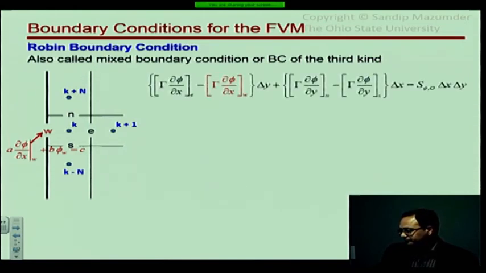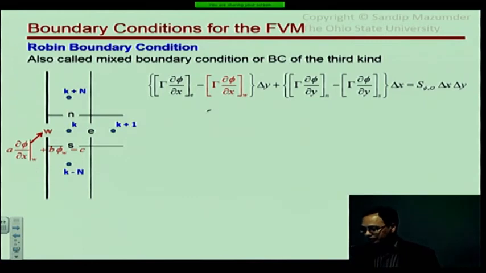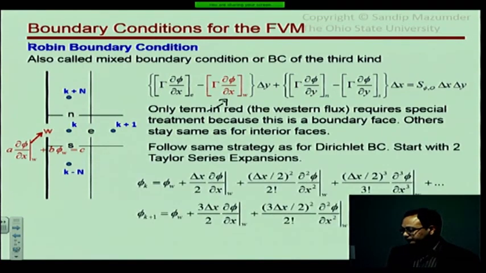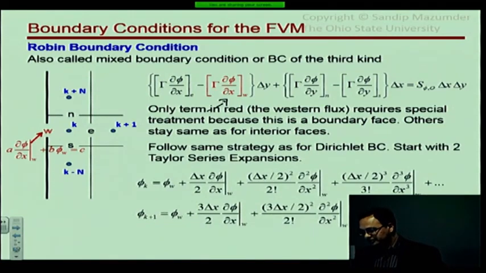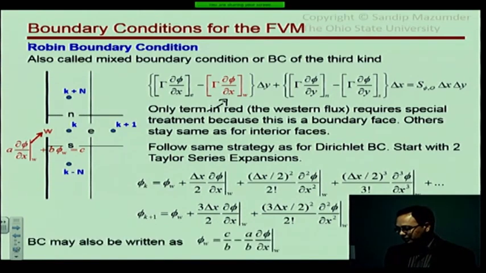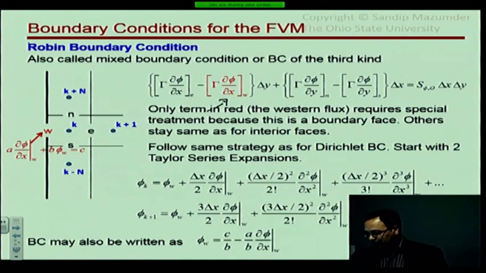So again, this is what we want to approximate. So what do we do? We again do the two Taylor series expansions, just like we did for the Dirichlet boundary condition. So this is a repetition. All right. And we plug in the boundary conditions. So what we do is we take this equation and rewrite it in this form.